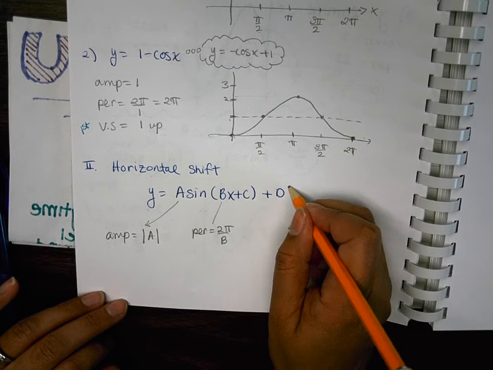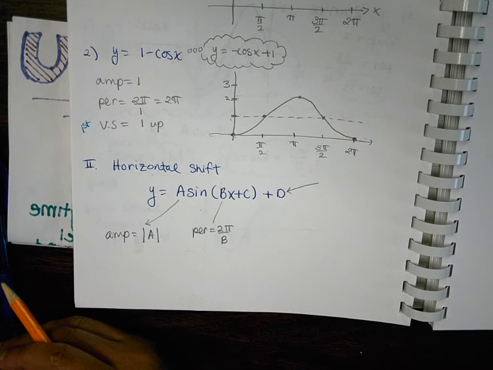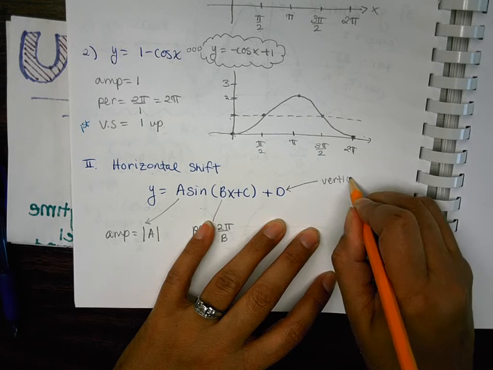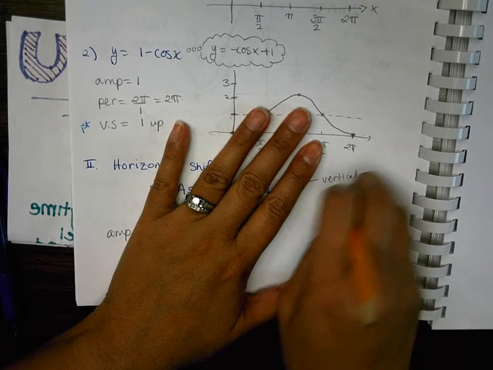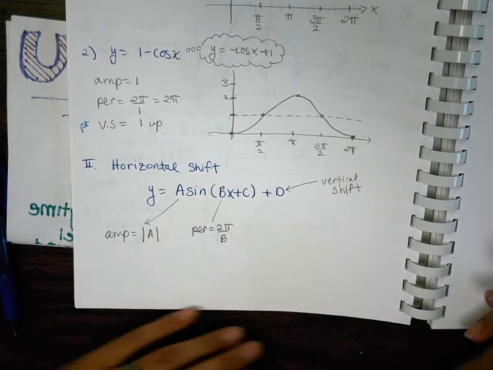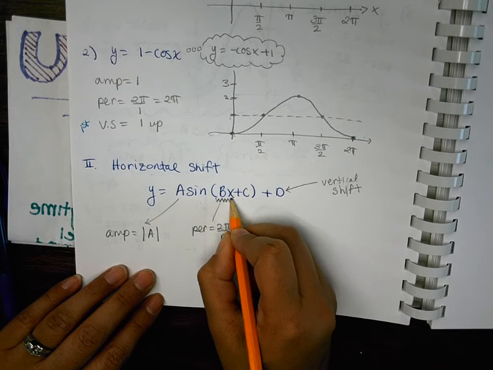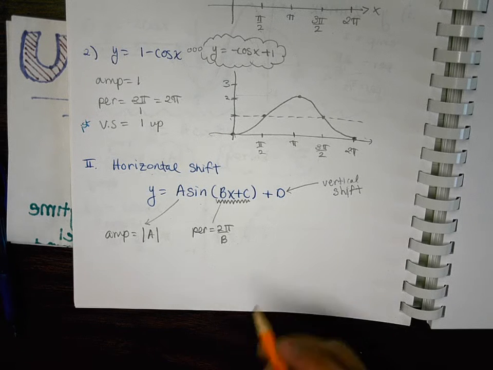What does the d tell us? Shifts up or down, and how far, right? So that's the vertical shift. Okay, so this is all the stuff we've done so far. Vertical shift. The inside here, all of this, not just the c, but the bx plus c, is what tells us the horizontal shift.